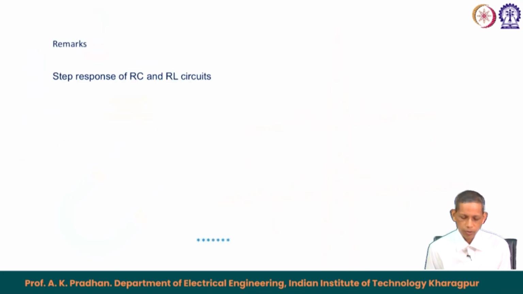So in this lecture we saw the step response for RC and RL circuits, and we generalized the solution with the relation V t equals V infinity plus V naught minus V infinity e to the minus t by tau, for the capacitor or inductor case. Thank you.